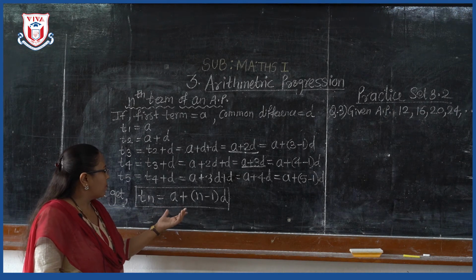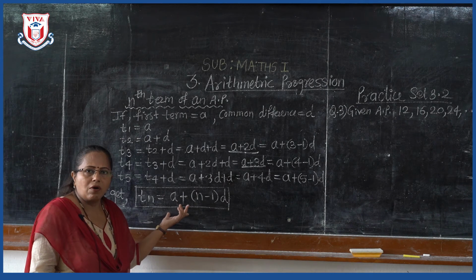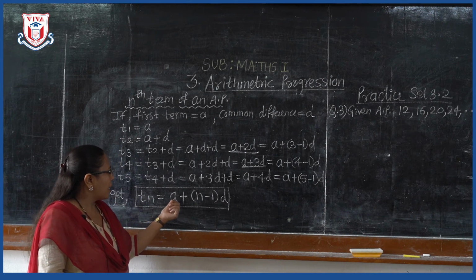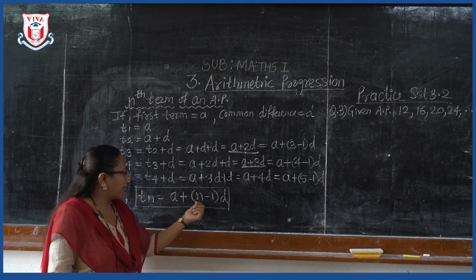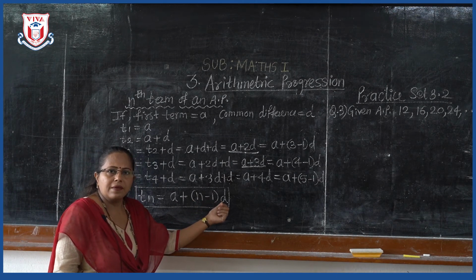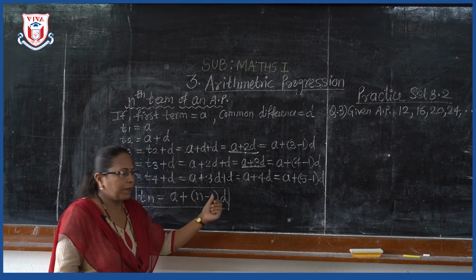So this is the formula to find the nth term of the given AP. Tn is equal to A plus bracket n minus 1 into D. Followed? This is the nth term of the AP.